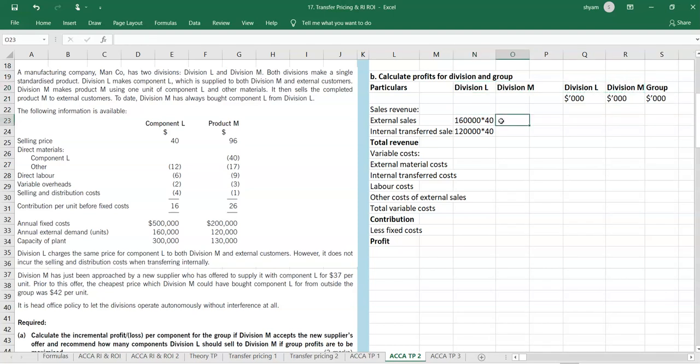And Division M sells it at 96. Okay, how many units are they selling? They are selling 1,20,000 units at a price of 96, right? So we can first find out the sales.